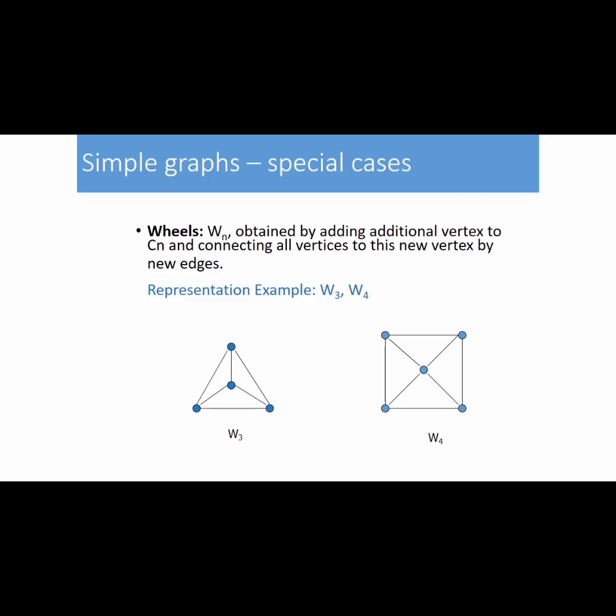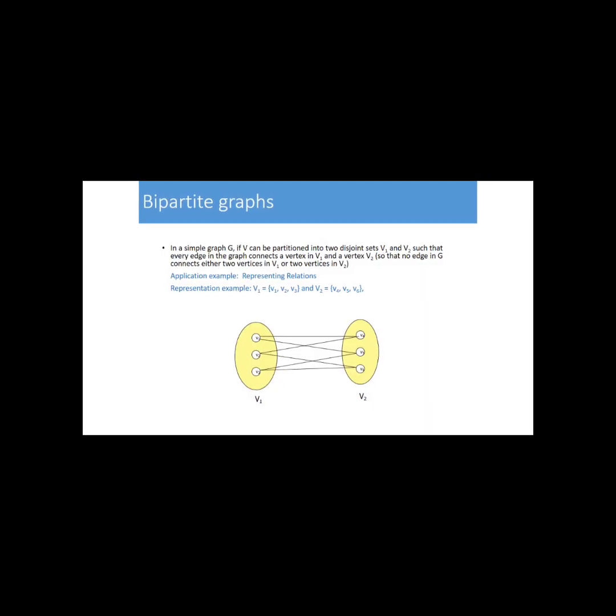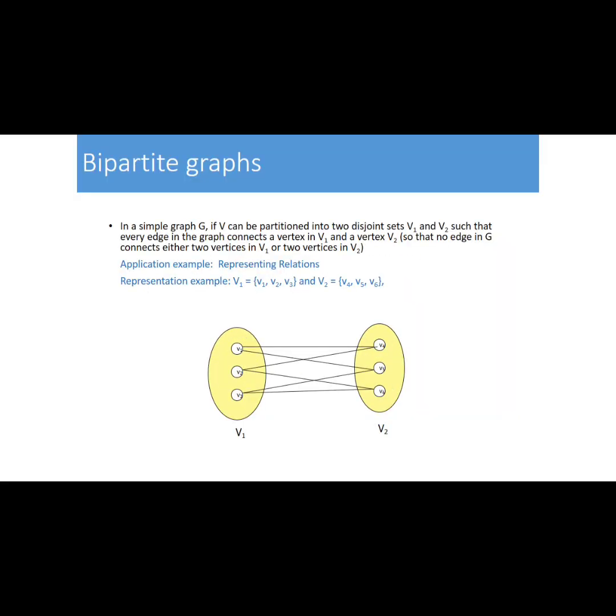That is W3. Let us see W4. The outer vertices are 4 points with 4 edges. We add a new vertex in the center and connect it with 4 edges to the outer vertices. So we add an additional vertex to the cycle graph and connect it to the previous vertices by new edges.